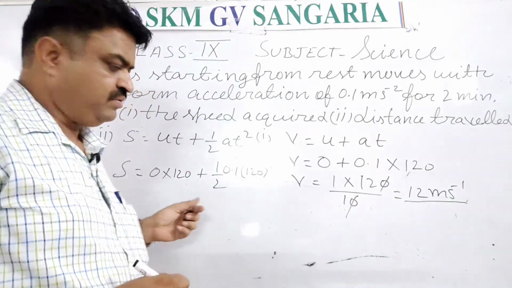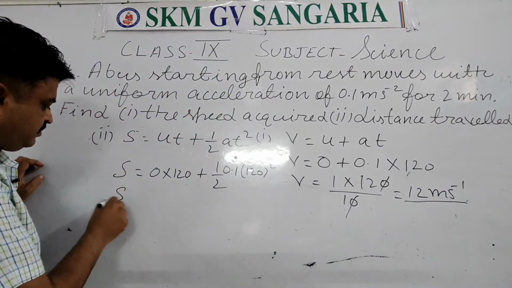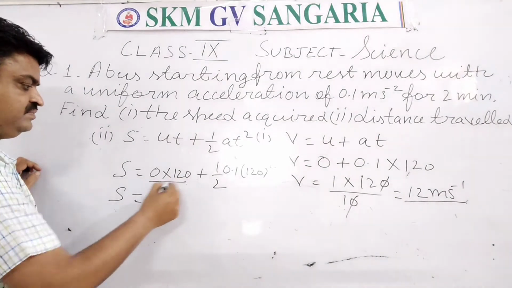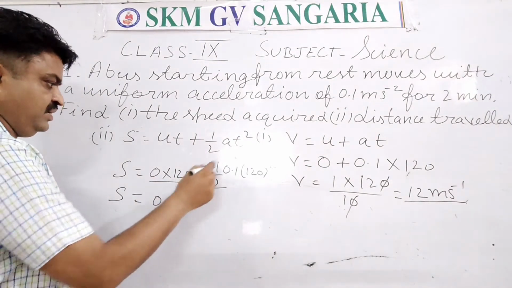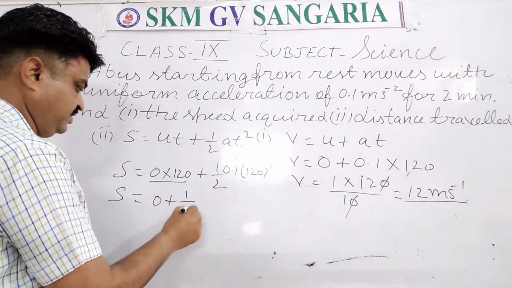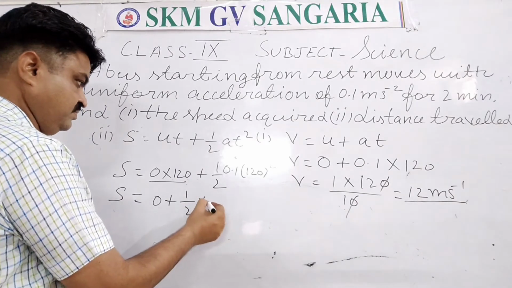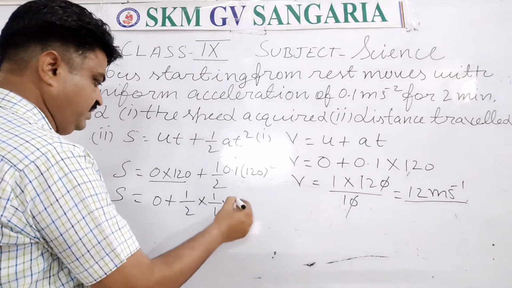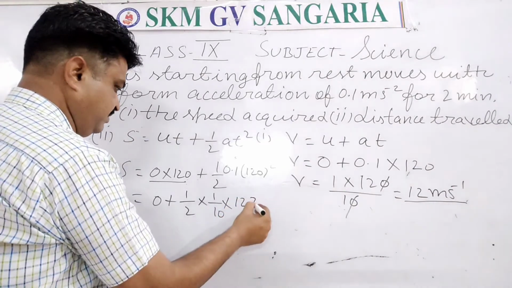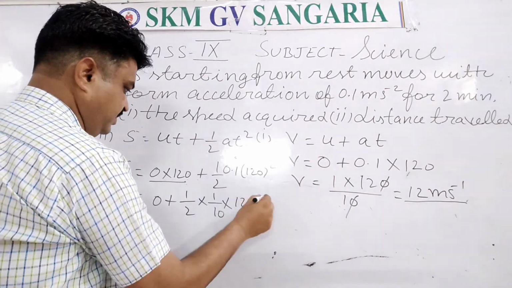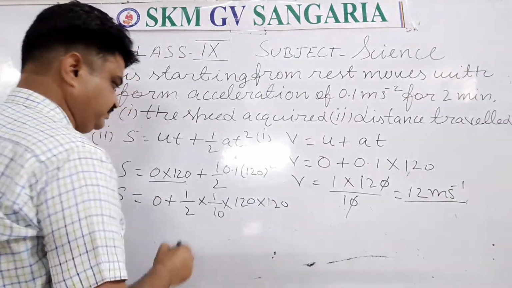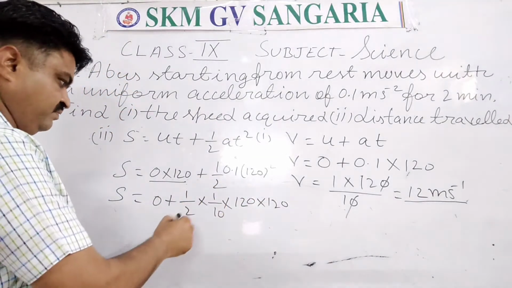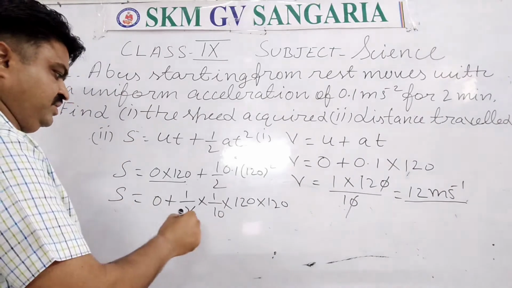Now what we will do, we will write this becomes 0, and here we will get 1 upon 2, and it will become 1 upon 10, and it will become 120 into 120. Now you multiply it.